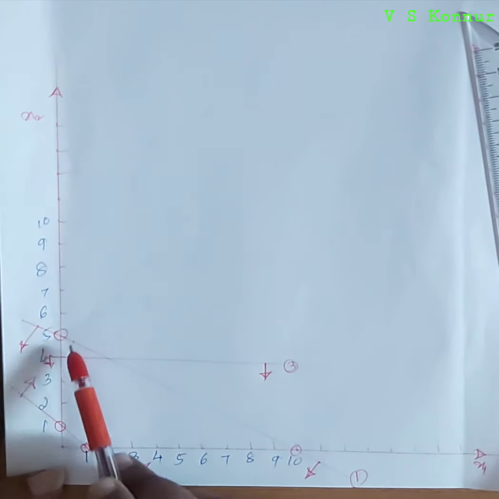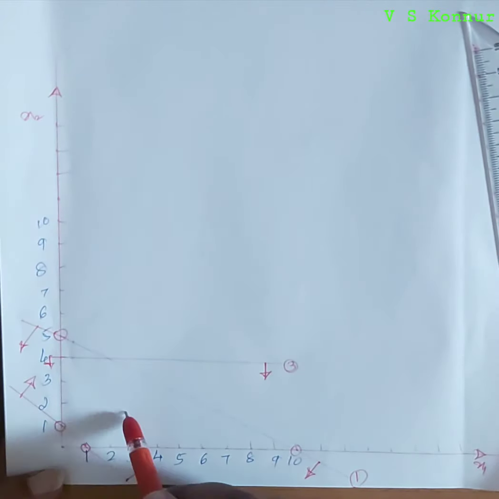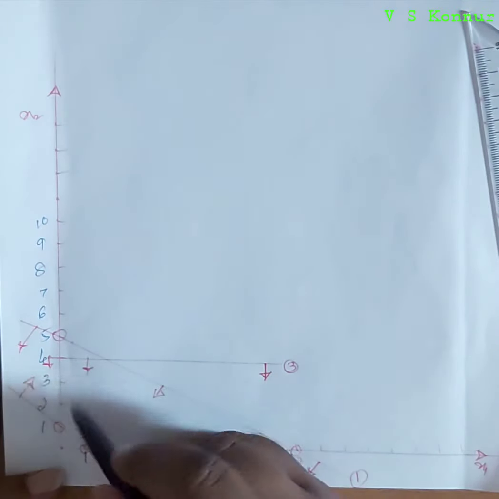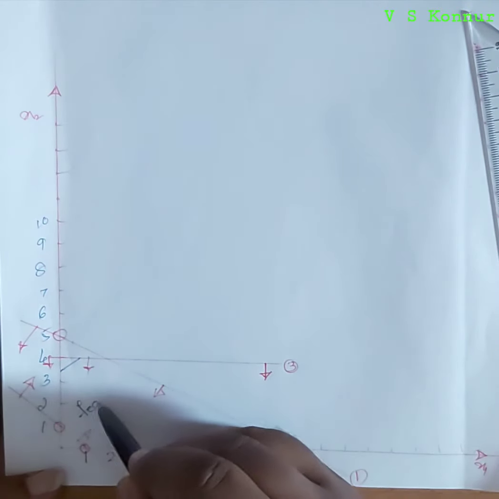This is inside, this is away. This region you cannot consider. In this region, this is inside, this is inside, this is inside. So because of that, this region is considered the feasible region.